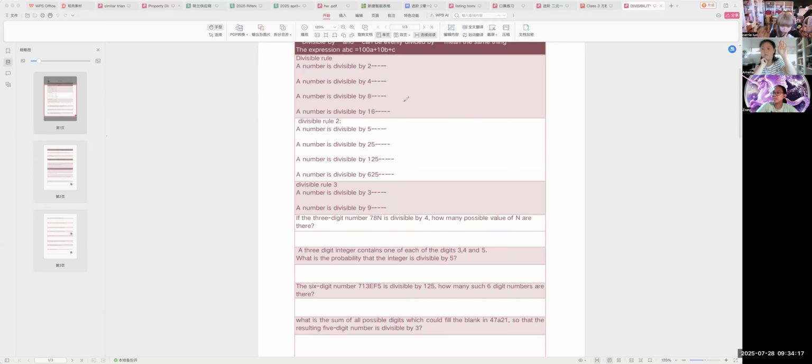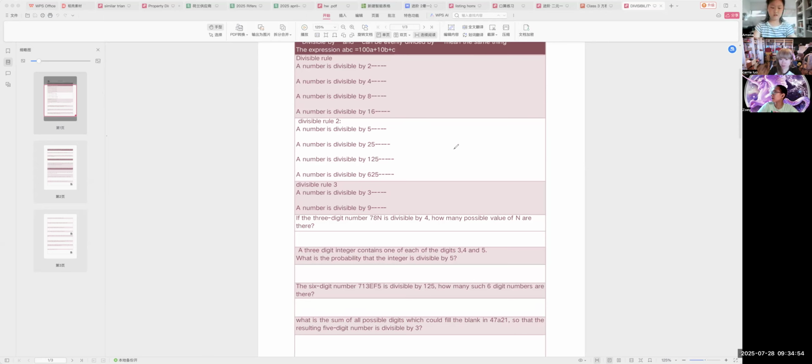I don't think I remember. It's like if all the digits added together is divisible by 3, then... Yeah. Okay, Amelia's raising her hand.